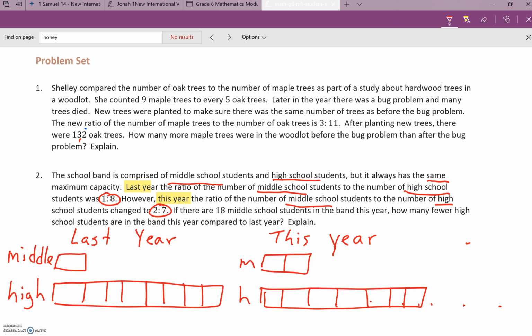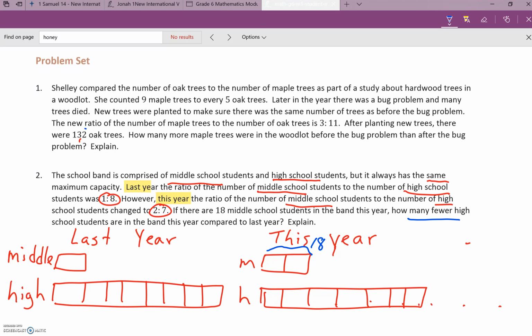My next part says, if there are 18 middle school students in the band this year, so I'm looking at this year, and it is telling me that these two equal 18. How many fewer students? Oh, this one's a little bit different. That keyword is how many fewer high school students are in the band this year compared to last.